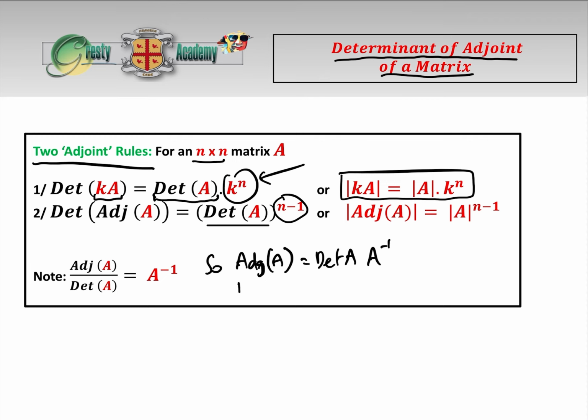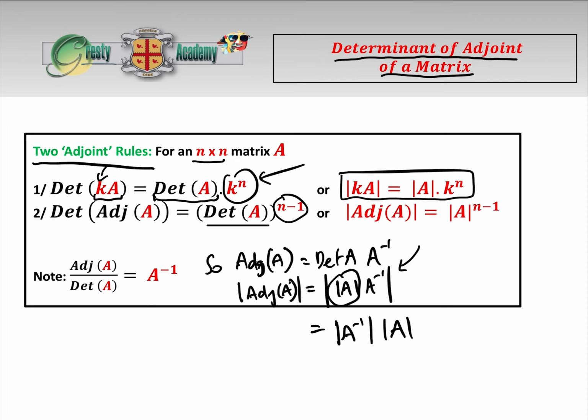So basically the determinant of the adjoint of A equals the determinant of A times A minus 1, and by rule number 1, as this is just a scalar, the determinant of k times A is equal to the determinant of A, so that's the determinant of A minus 1, times the scalar, which is the determinant of A to the power of n.